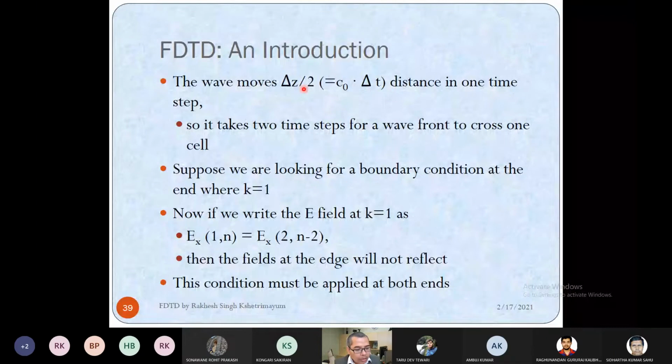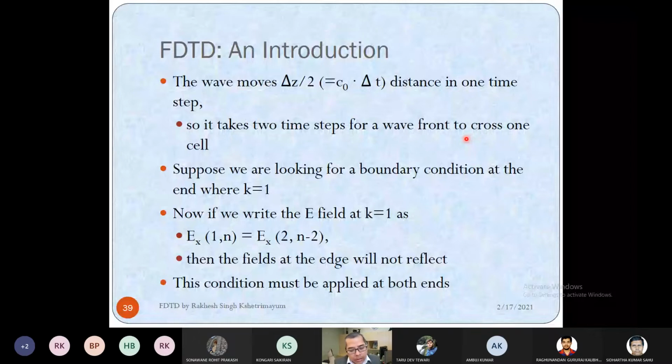So our wave is moving a distance of delta z by 2 in one time step. So it takes two time steps for a wave front to cross one cell. So one cell is of size delta z, but over a time instant delta t, the wave is moving a distance of delta z by 2. So the wave requires two time steps to cross one delta z step size.